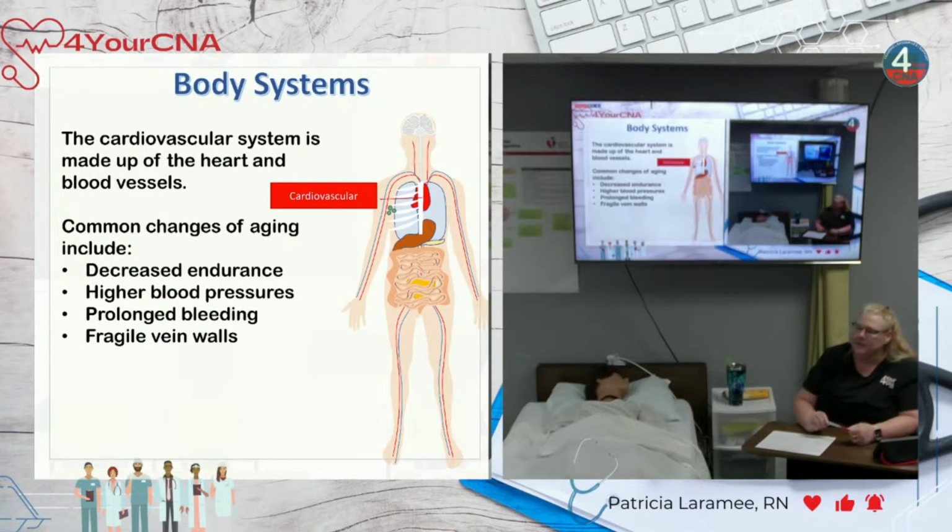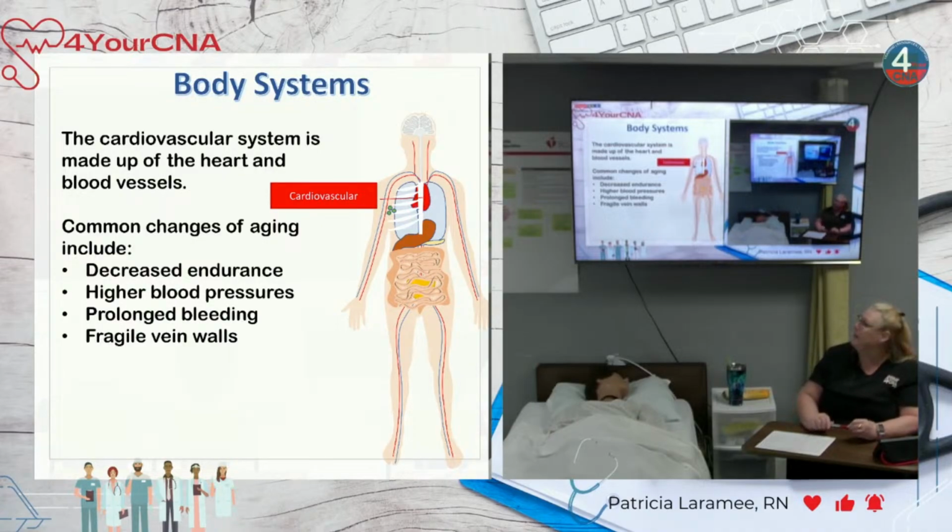Another body system is the cardiovascular system. This is a very important system. Your heart has to beat, and your heart will take precedence over every other body system. We will sacrifice the kidneys to keep our heart beating. We will sacrifice the bones to keep our heart beating, because if the heart doesn't beat, the rest of it doesn't matter.